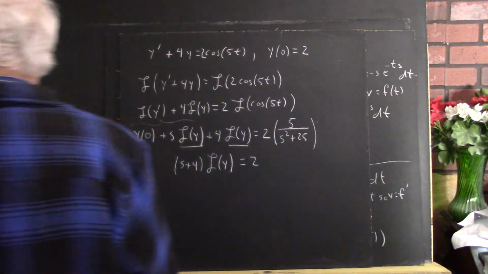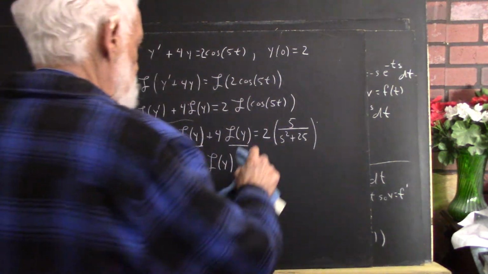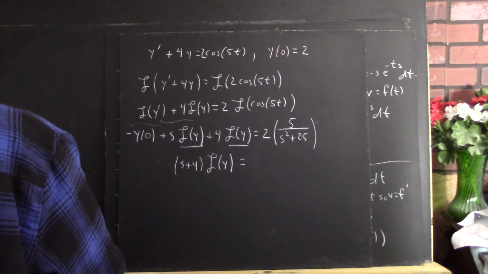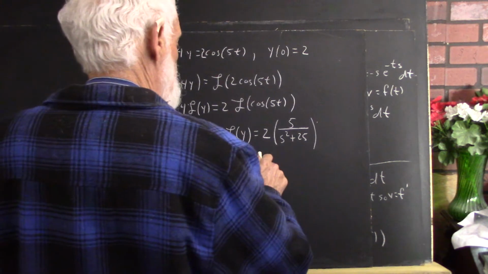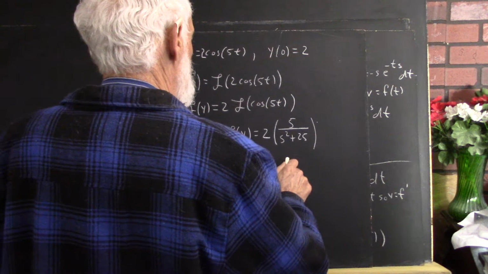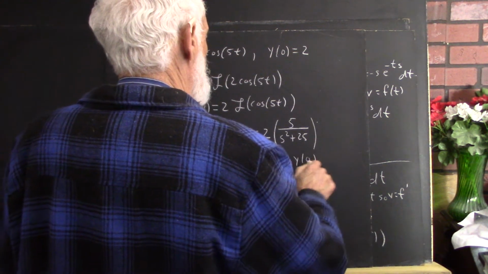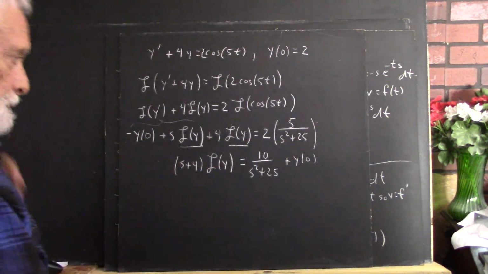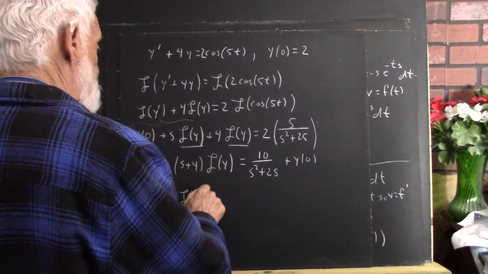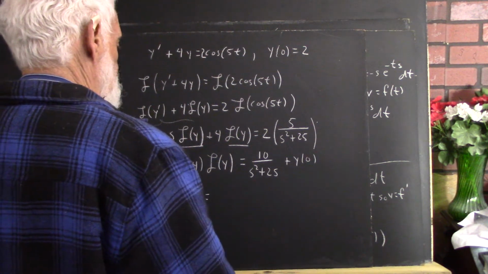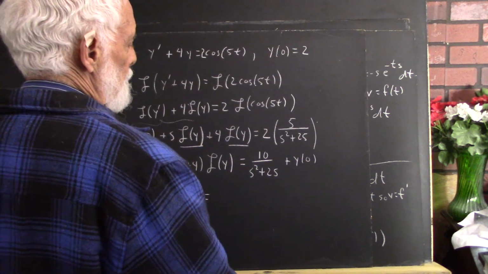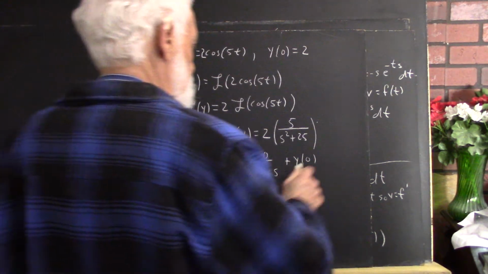I've got the 2 factored out, and there's no reason to keep it factored out now. I can multiply the 2 by the 5 and get 10, obviously. So we have 10 over s squared plus 25 plus y of 0. So now our Laplace transform, and I want to put in my y of 0.